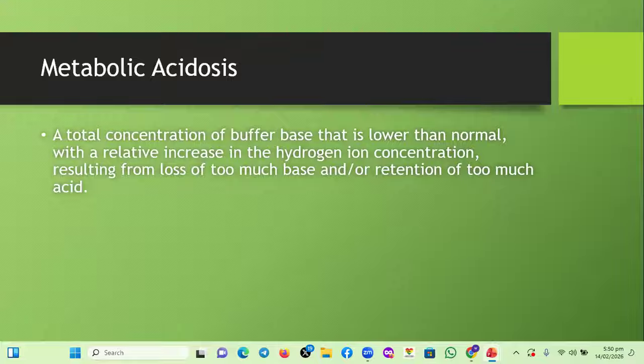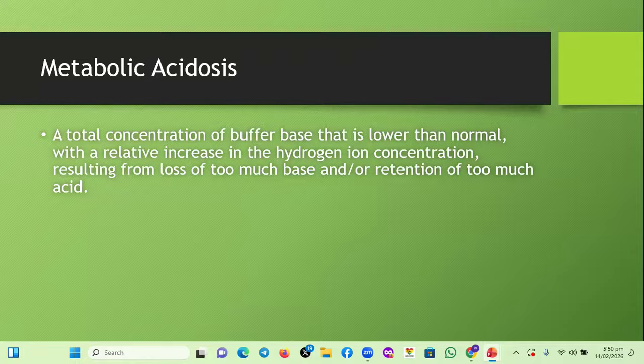Then let's talk about metabolic. The moment you hear about metabolic, take respiratory out. Any other cause of acid-base imbalance that is not a respiratory problem is metabolic in nature. It can be a GI problem leading to the imbalance, or a urinary system problem, or the kidneys.